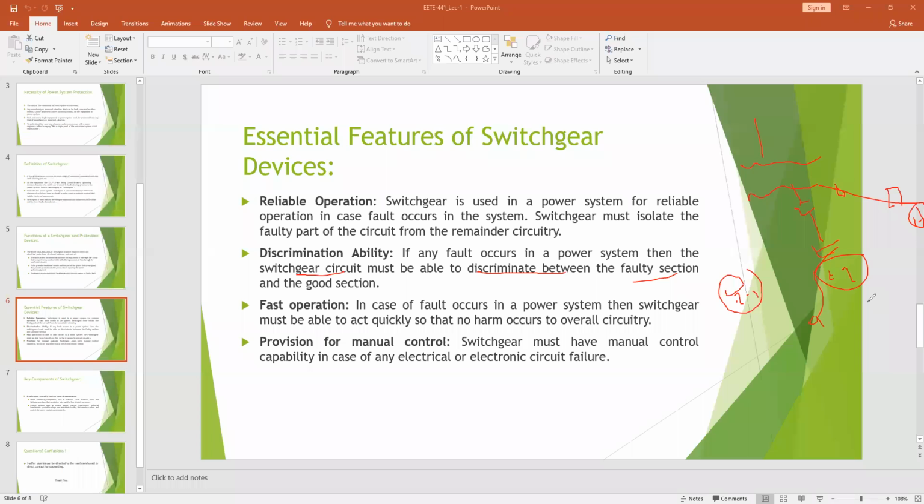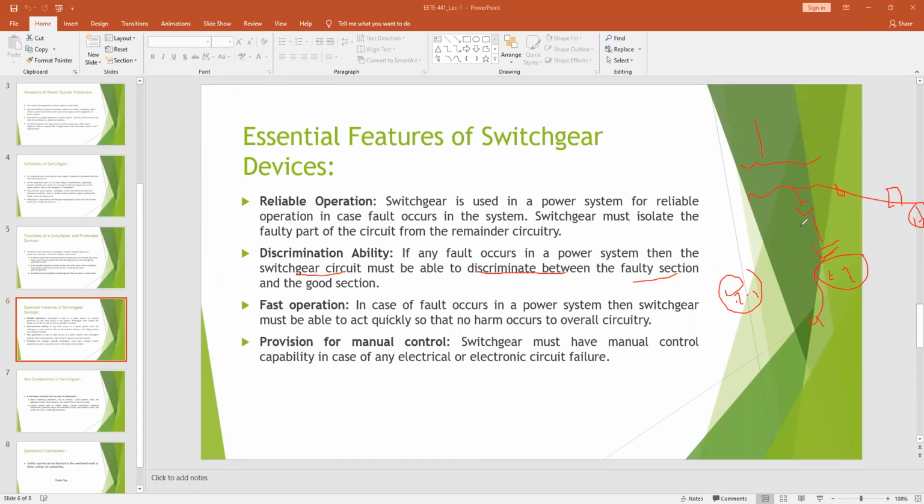Whenever a fault occurs in some zone, the first objective is to isolate and cut off that faulty section, or open it, to stop the fault current as fast as possible, because the more you allow fault current to flow through that faulty section, the greater the probability of damaging the equipment. So your switchgear devices should not be slow working; they should be very fast working.